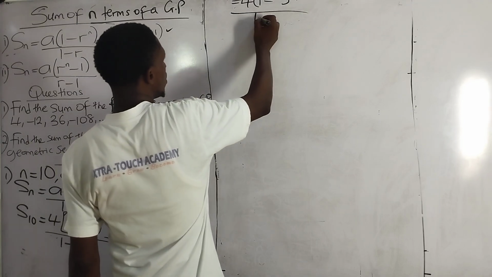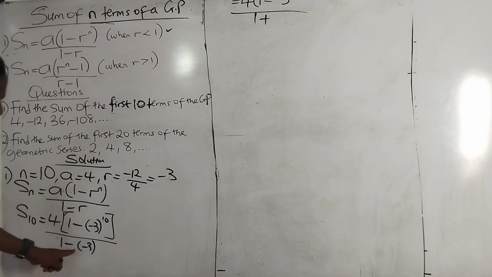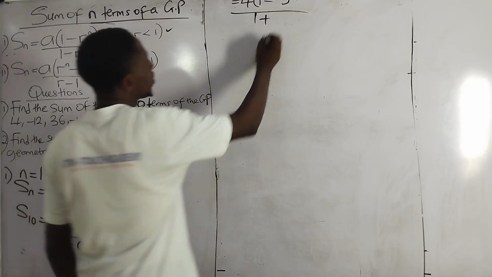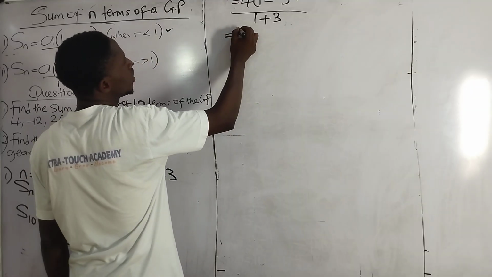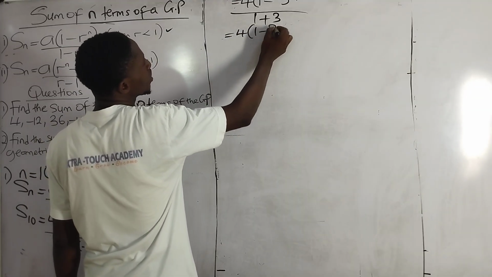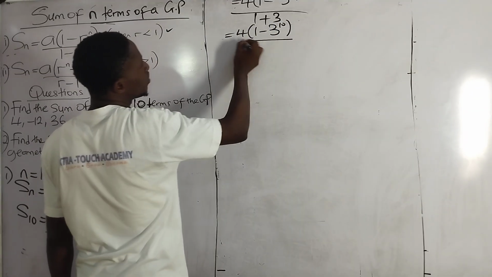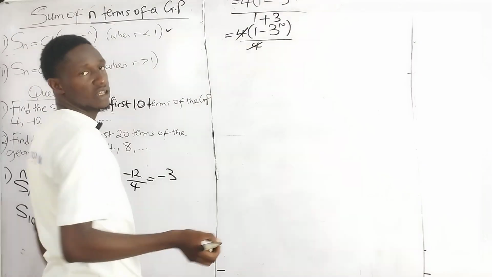This is 1 plus, because minus times minus is plus, so 1 + 3 is equal to 4. So we have 4(1 - 3^10) over 4. This and this can cancel out.